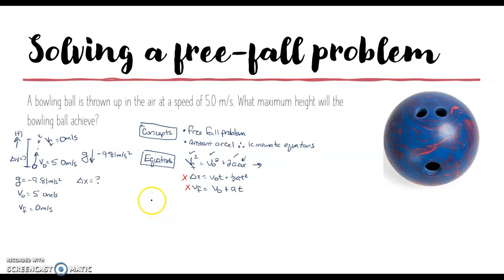Okay, so now I'm going to start solving. This is my solution. I'm going to take this top equation and rearrange it to solve for delta x. With a little bit of algebra, I get delta x is equal to Vf squared minus V naught squared, divided by 2a.